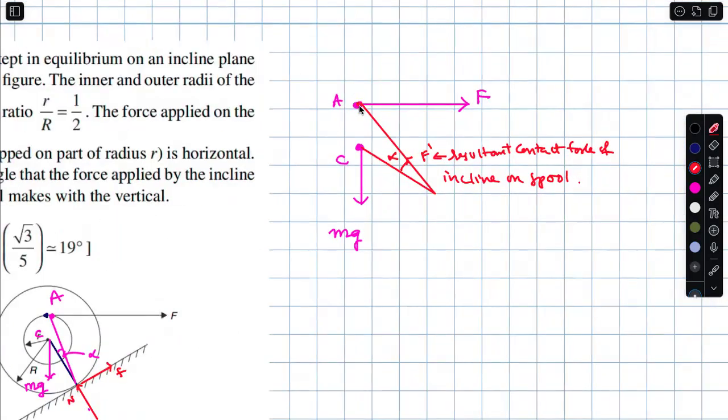Because if all the forces are passing through point A, the net torque is zero.